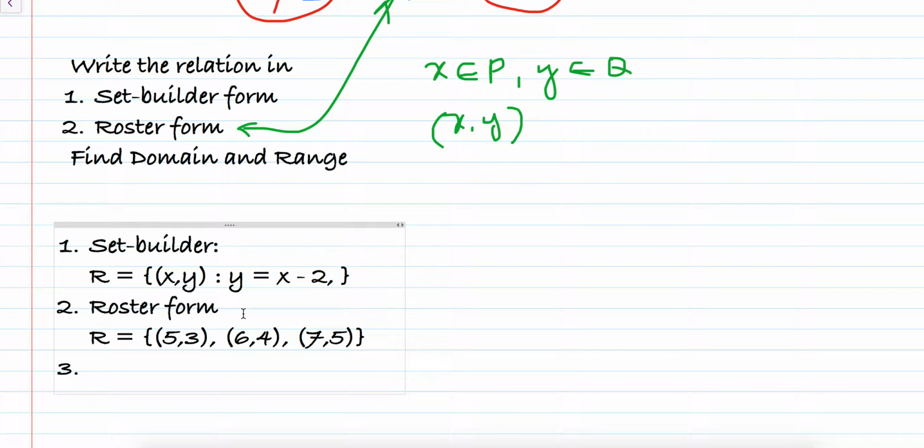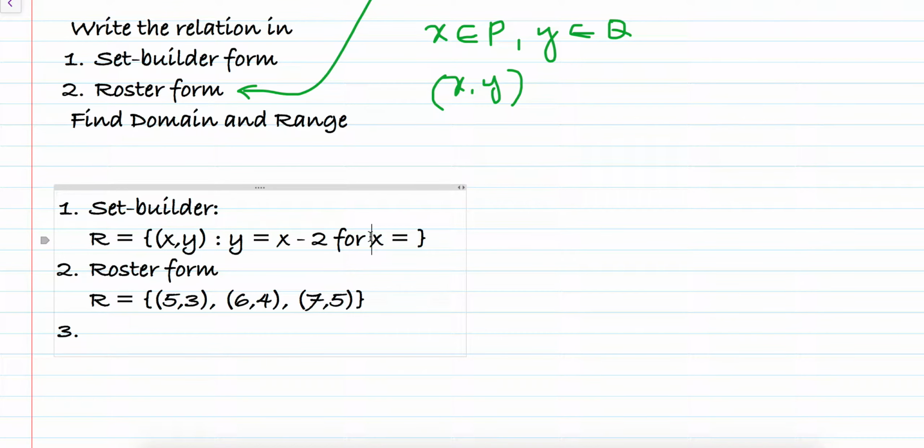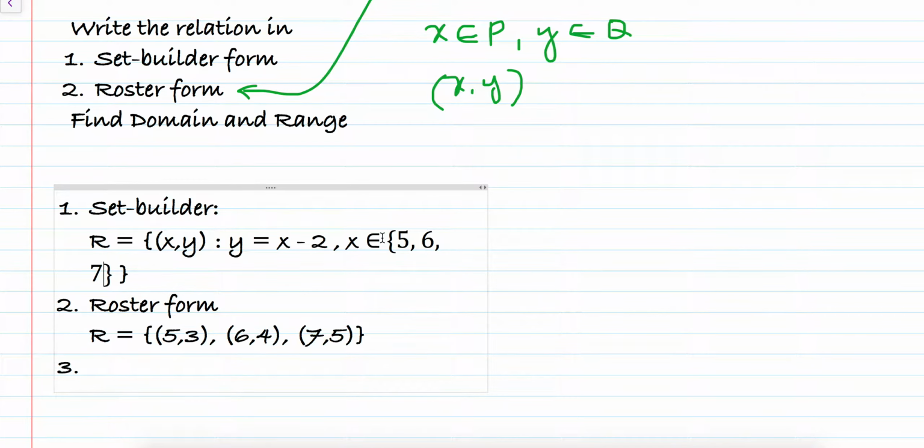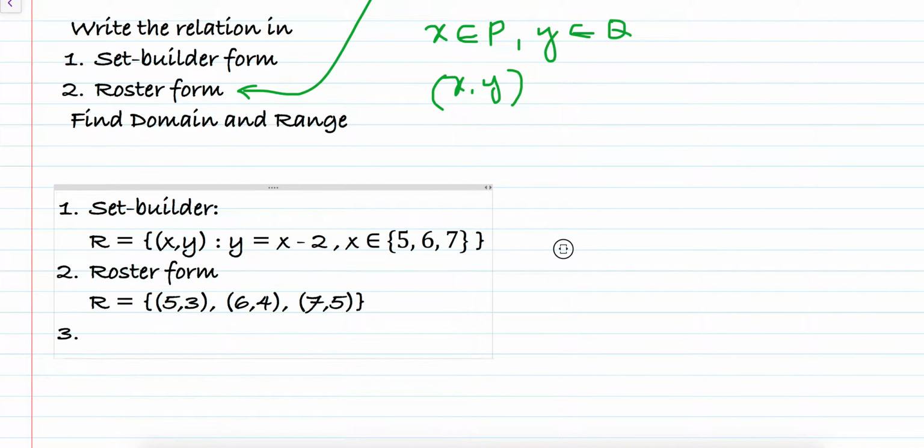And we can also write x is either 5, 6 or 7. Or we can write it as second condition, x belongs to 5, 6, 7. So this will be the set builder form. This will be the roster form.